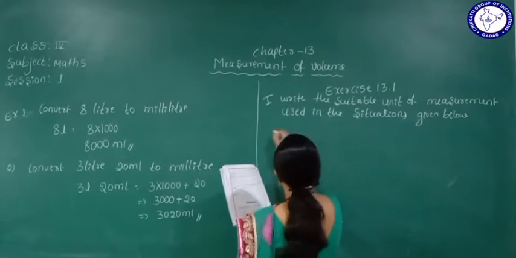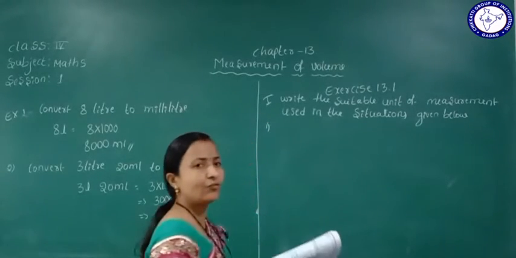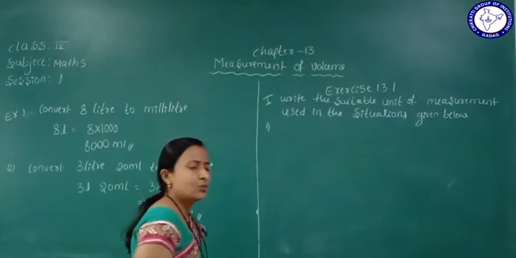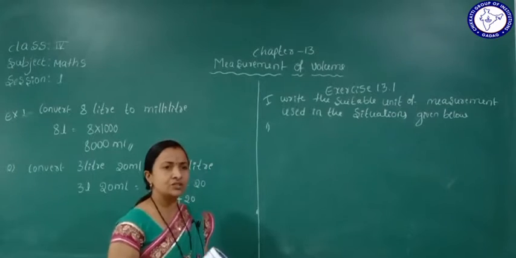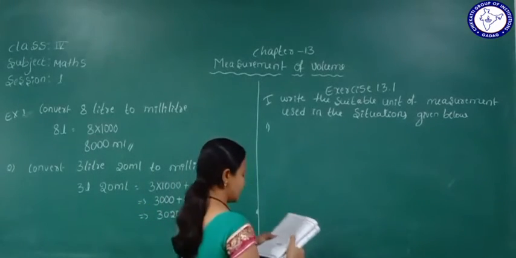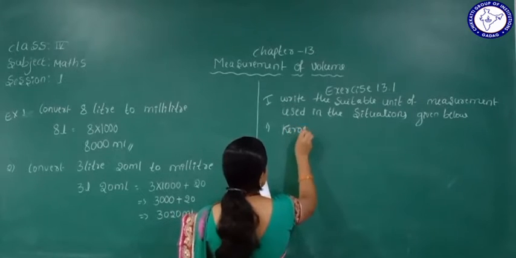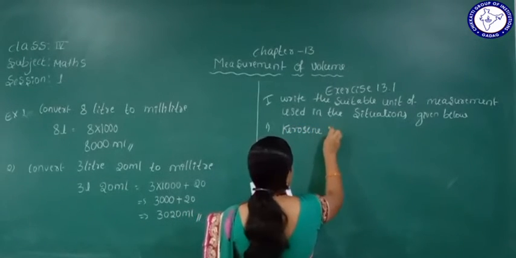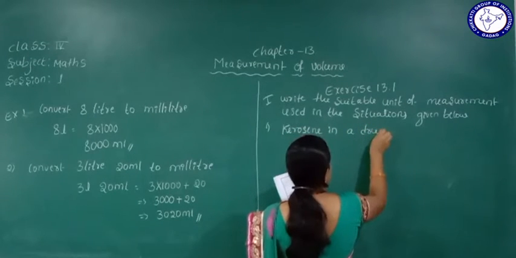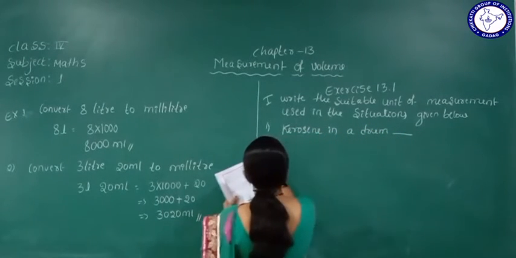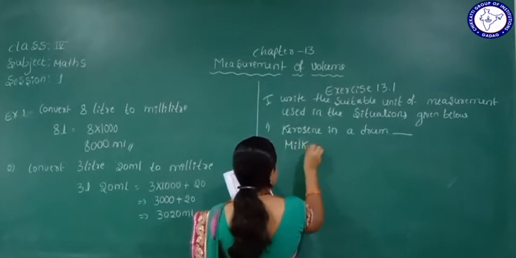Yes, the first one they have given here. What are the suitable units of measurement used in these situations? See, first one, kerosene in a drum. They have given fill in the blanks. Second one, milk in a cup.